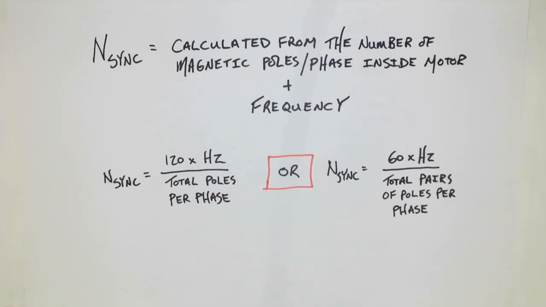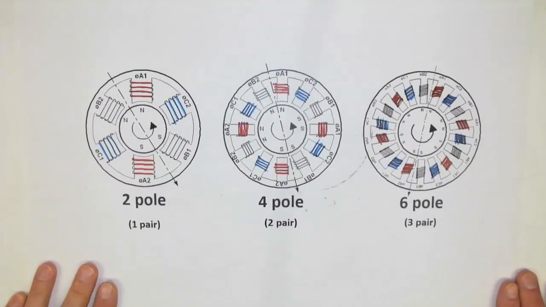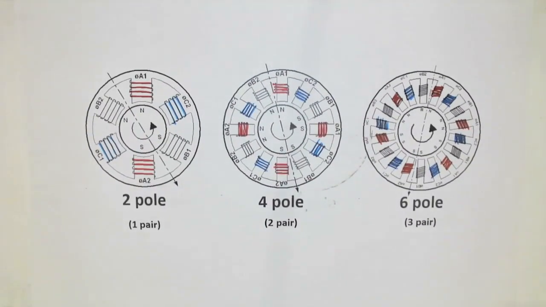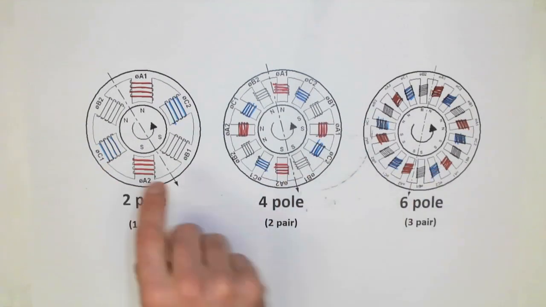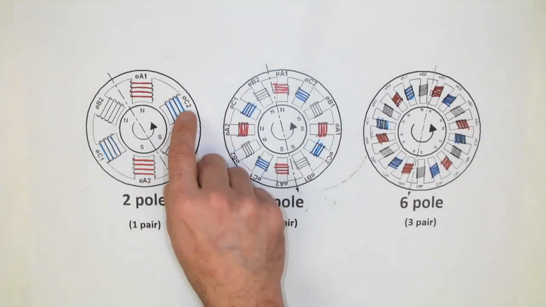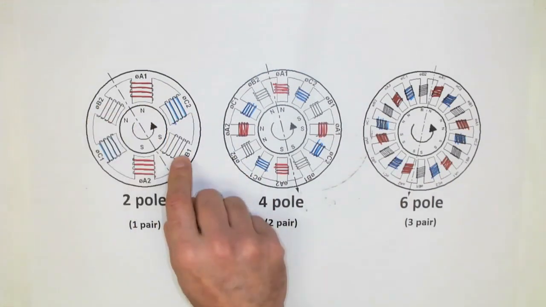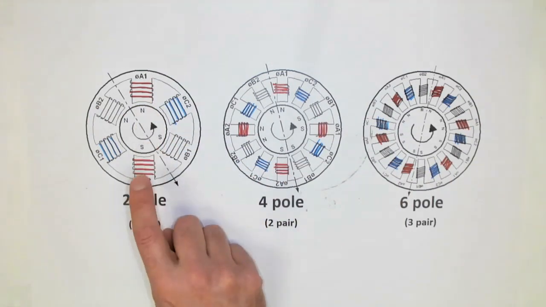So what are they referring to when they say pairs of poles or poles in general? Well, here's a diagram with three different motors, and these three different motors have a stator that is constructed a little bit different. I've colored them: A is red, C is blue, B is black. You'll notice there is 1, 2 poles.